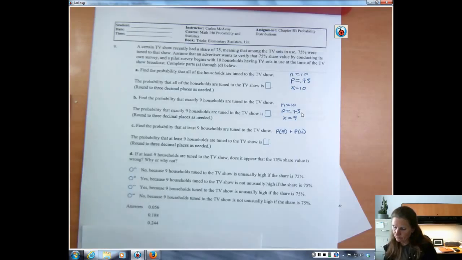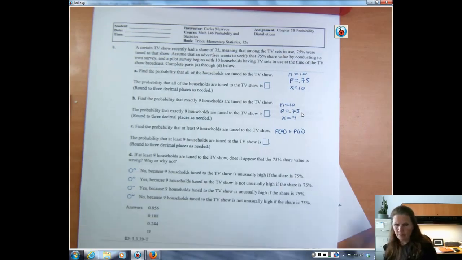So it would only be wrong if that got 9 households, at least 9 households, because 9 households tuned to the TV show is not unusually high. It's not unusually high, yeah.